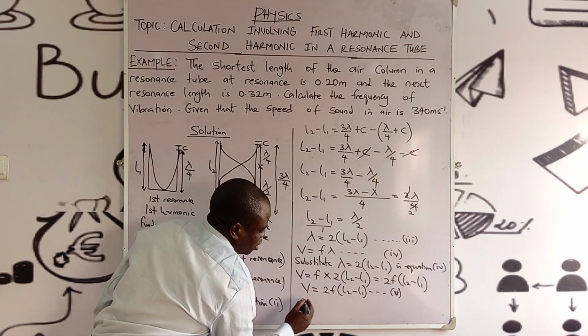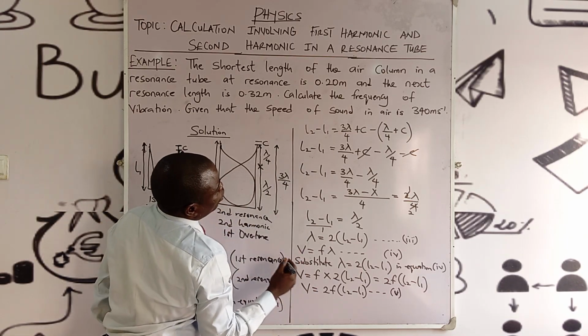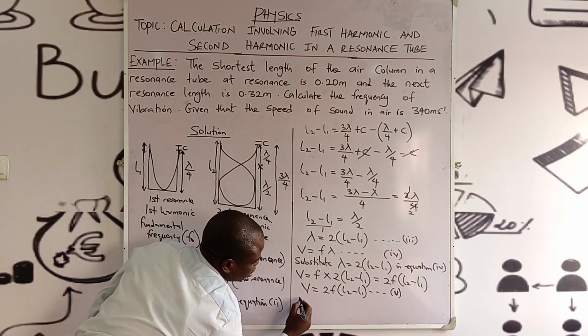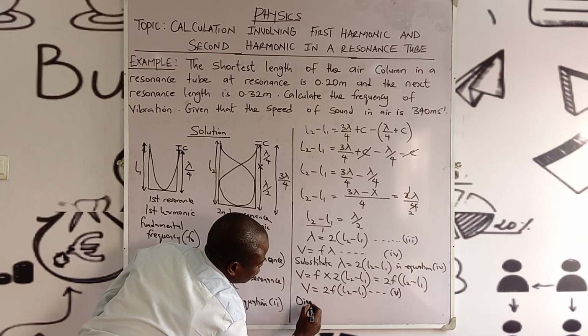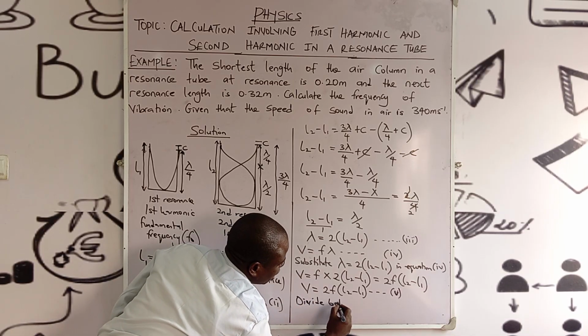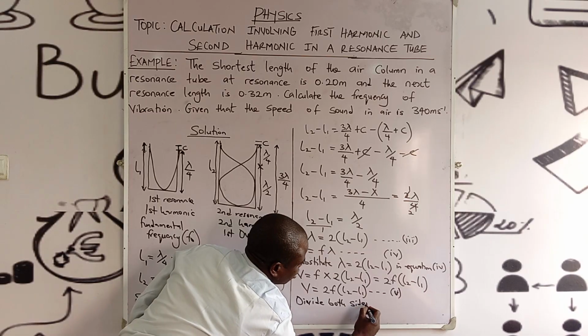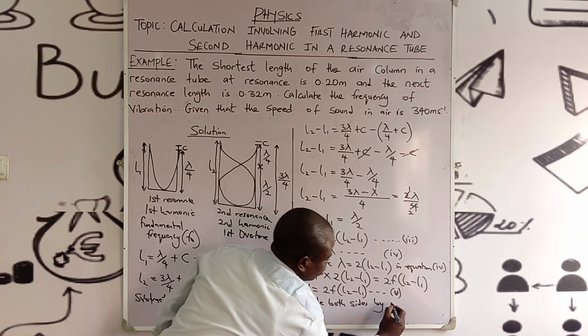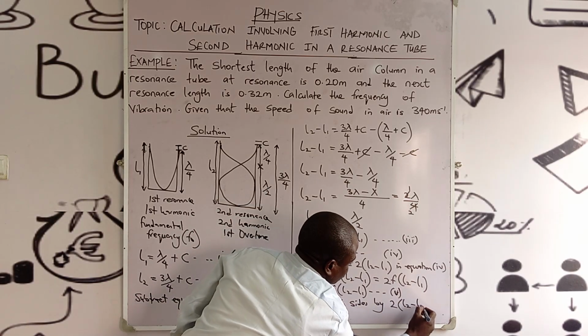Please take note. Now, in this question, we are asked to look for frequency. Divide both sides by 2 into L2 minus L1.